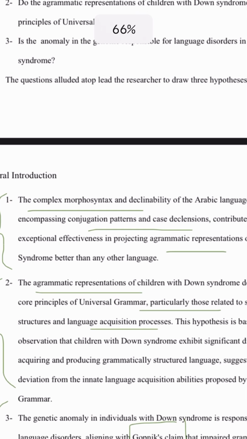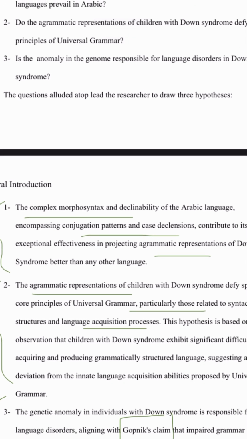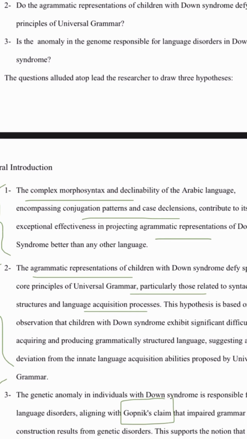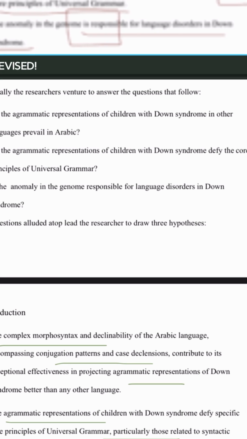This is an assumption that states why we, as researchers, assume that the Arabic language actually prevails at showcasing certain agrammatic representations better than any other language in this regard. Okay? Let's take a look at the second hypothesis.